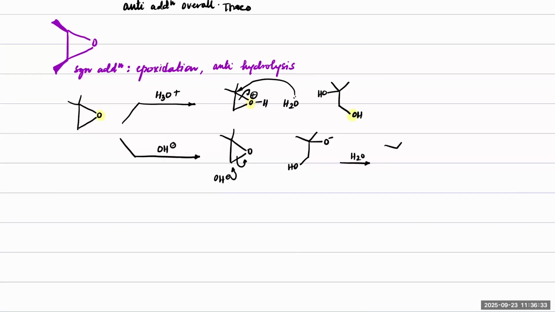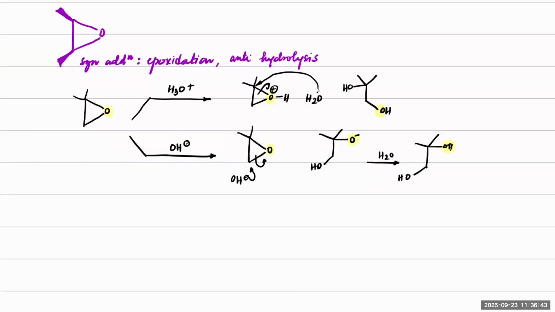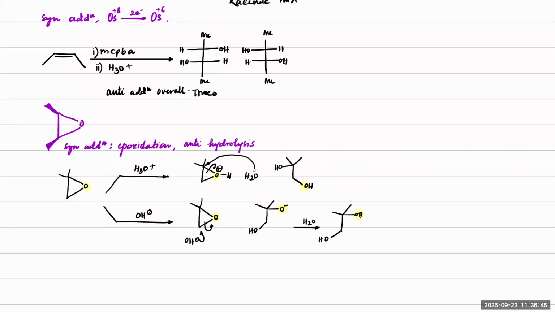So you will get this as OH, and here you will get this as OH. Clear? So here if you notice, this is the oxygen which is the isotopic form. So that's one important point that you need to notice when it comes to anti-addition. Clear? Next.